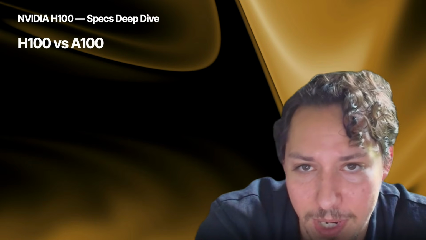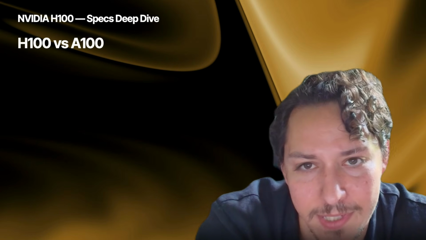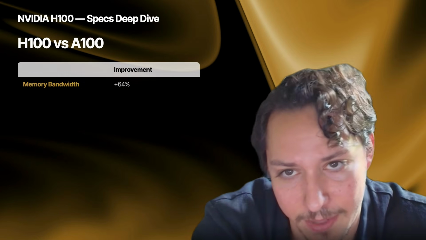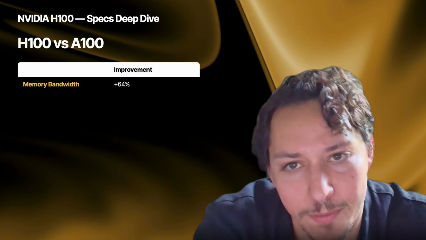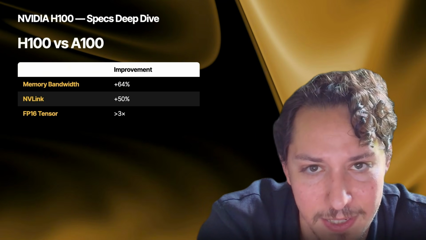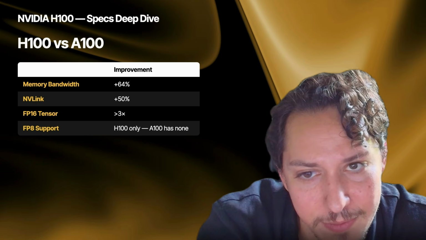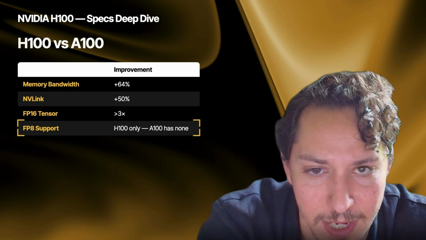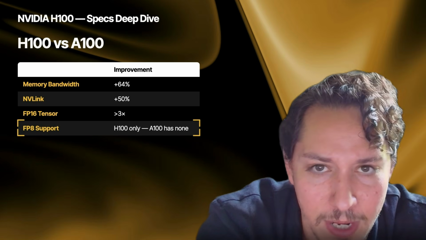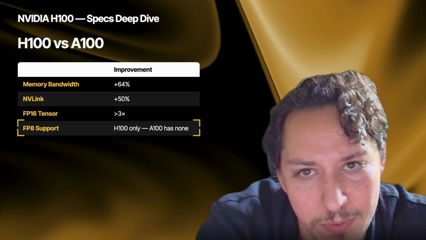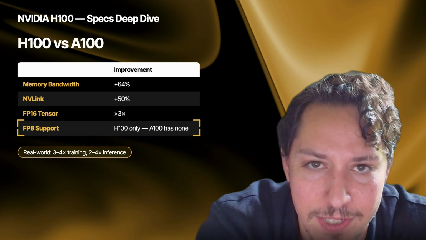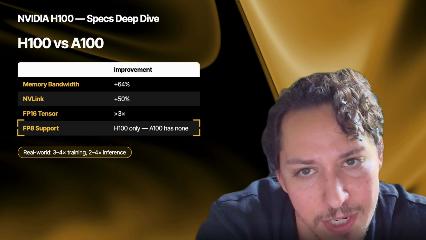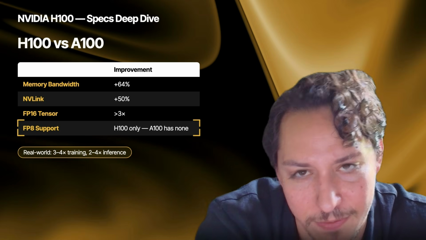All right, so a quick comparison with the A100, because this is the question we get every day. Memory bandwidth is 64% faster. NVLink is 50% faster. FP16 tensor is over 3x. And the H100 has FP8, which the A100 doesn't have at all. For transformer workloads, the real-world gap is 3 to 4x in training throughput and 2 to 4x in inference, depending on model size and batch configuration.